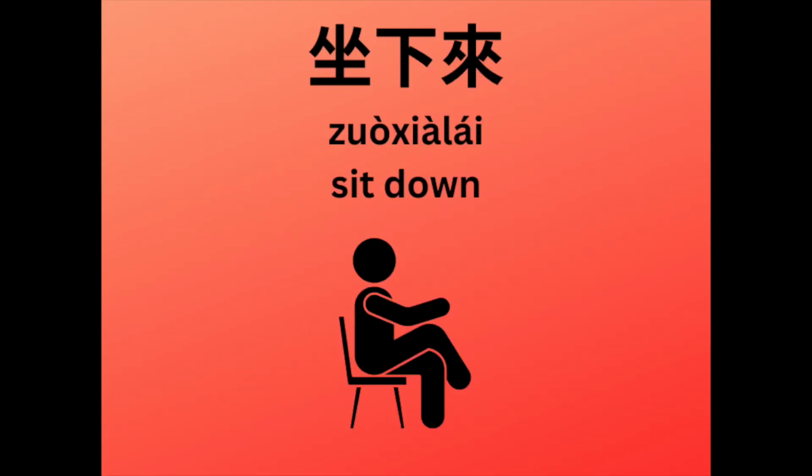And then 下来, which means to come down. So 坐下来 means to sit down. So not necessarily that people are coming from far away and then coming towards you.